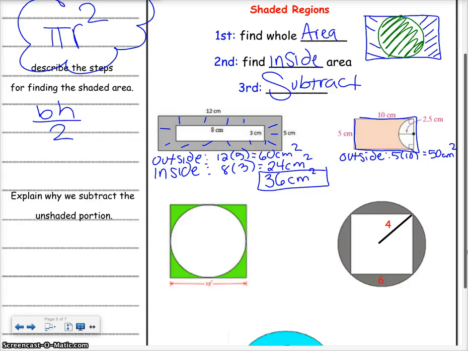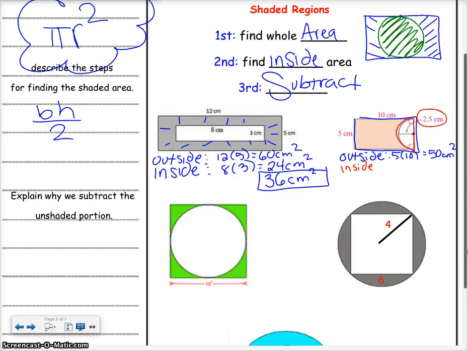Now my inside shape is, how much of a circle is this? It's half a circle. So my inside shape is pi r squared divided by 2. And it looks like my radius is 2.5.